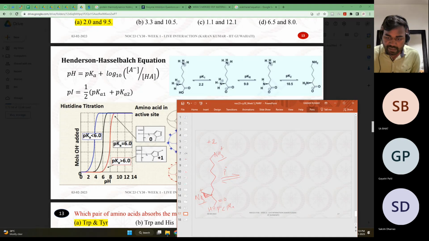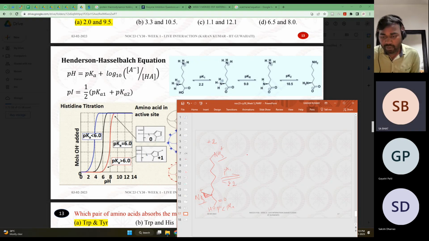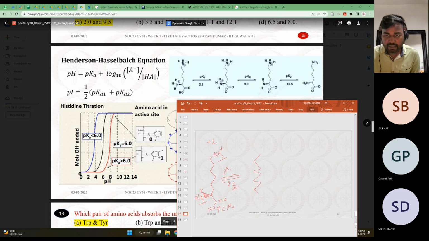Okay, so at the pK1 value of the alpha carboxylic group, which is 2.2, the amino acid will exist in a deprotonated form at higher pH. When you are increasing the pH and you are crossing pH of 2.2, then this will exist in this form here.